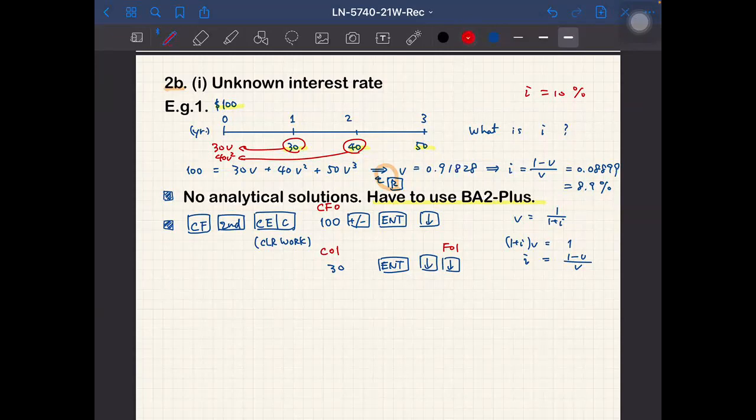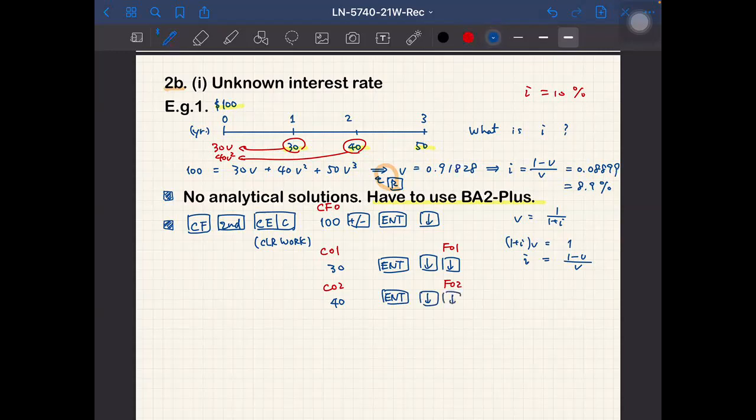Then you will see C02, the cash flow for the second one. You type 40 because we have a $40 payment, and enter, then down arrow. Then you will see F02 on the screen.